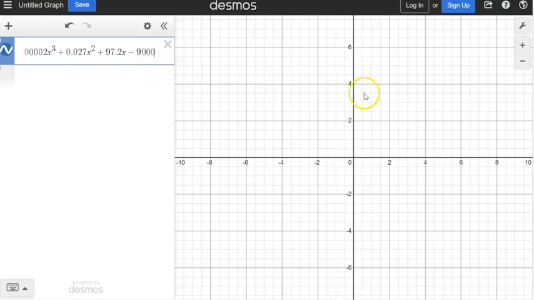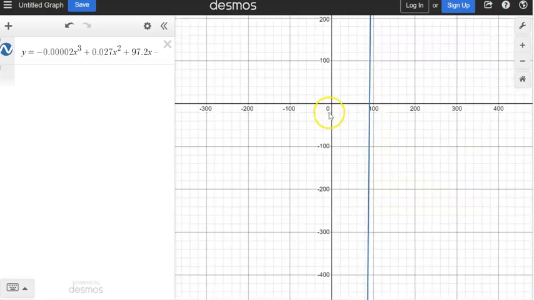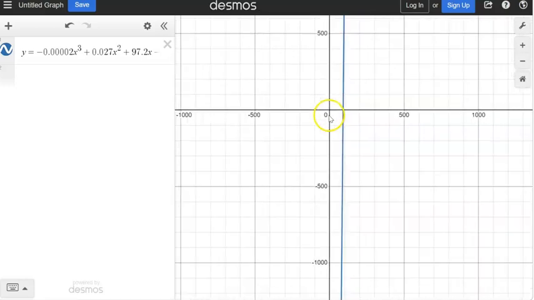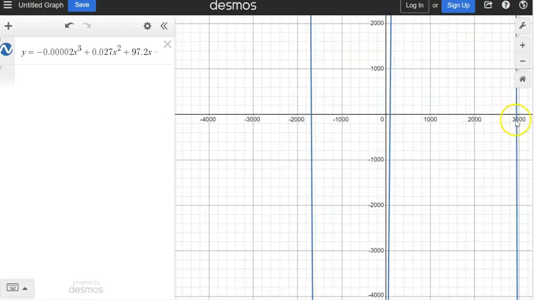Now notice that we don't see our function here. So you can zoom in so that you see what is happening. When we zoom in, we see that our function starts somewhere from negative 2000 for x all the way to around 4000.